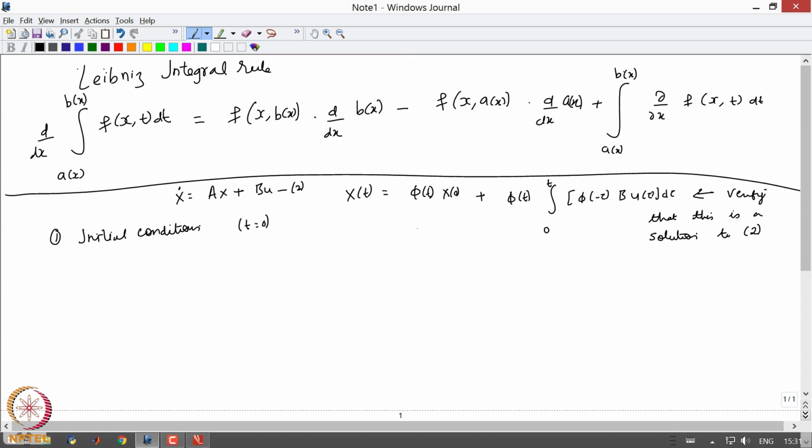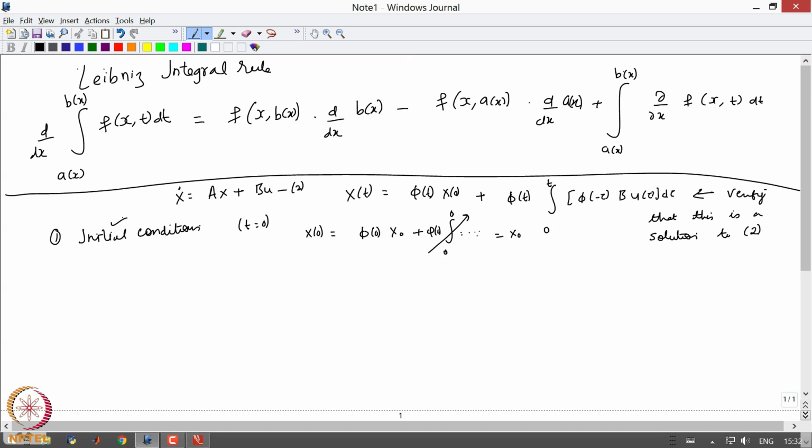On the left hand side I have x of 0, and on the right I have phi of 0 times x naught, which is the initial condition, plus the integral. The reason I do not write anything here is because I am just integrating from 0 to 0, so this term will vanish and I am just left with x naught. So the initial conditions are fine.